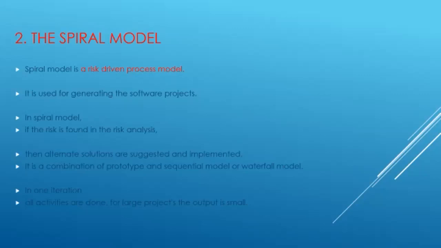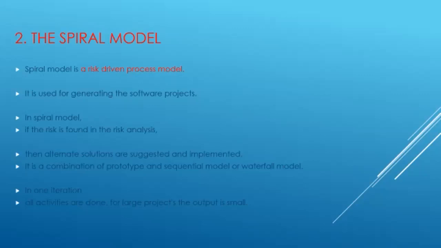It is used for generating software projects. In the spiral model, if a risk is found in the risk analysis, then alternate solutions are suggested and implemented.